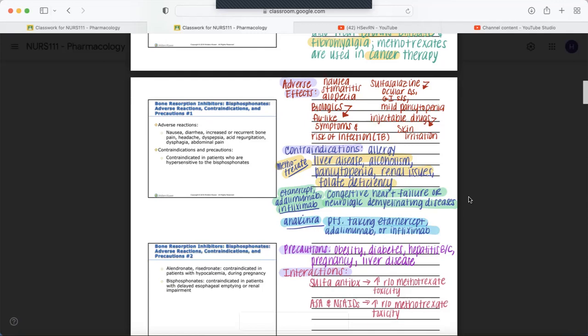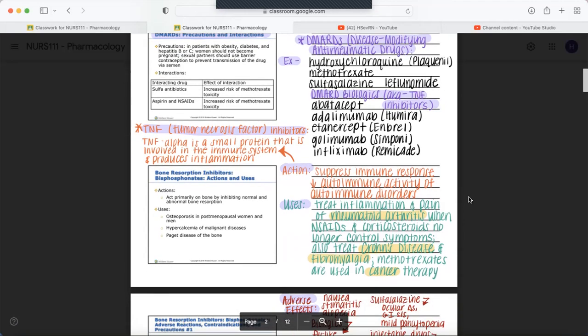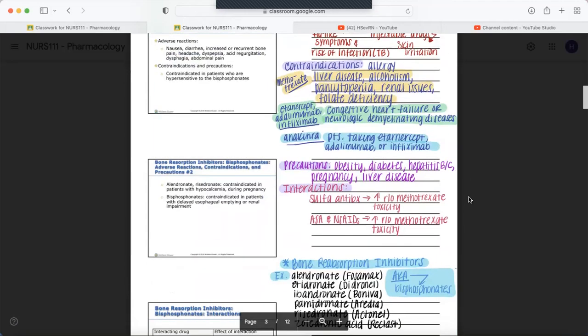So those biologic DMARDs. And then clients who are taking etanercept, Humira, or Remicade should not take anakinra. Okay. There is just a not great reaction between the two.